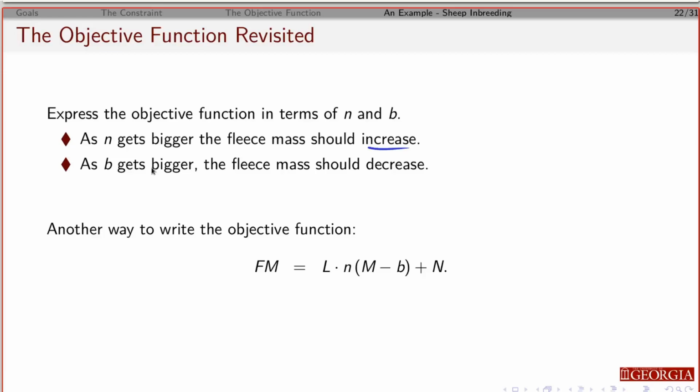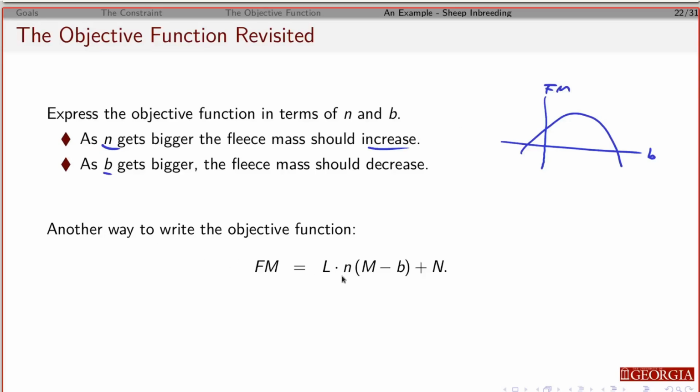Likewise, I've got to be careful, this is non-inbred sheep, sorry. If the number of inbred sheep is getting bigger, eventually we expect our fleece mass to decrease. Okay, so if this is already big and gets bigger, this thing is going to go down like that.